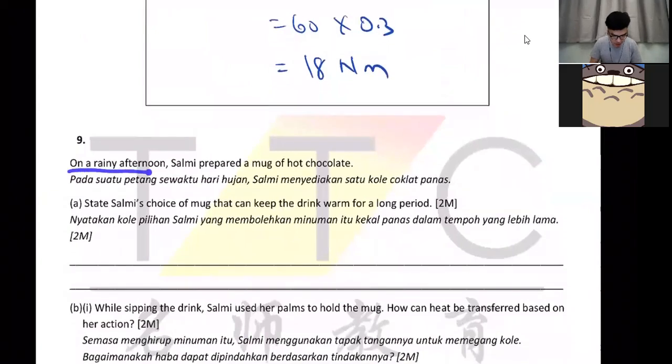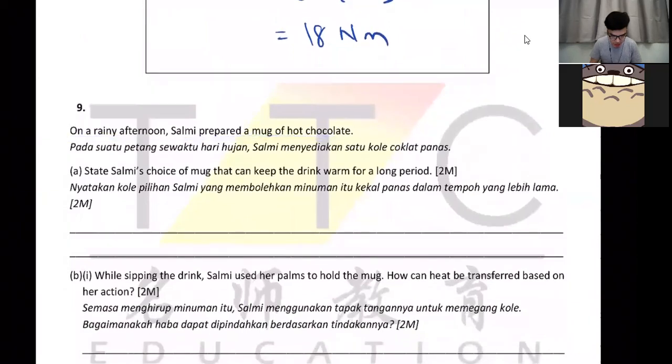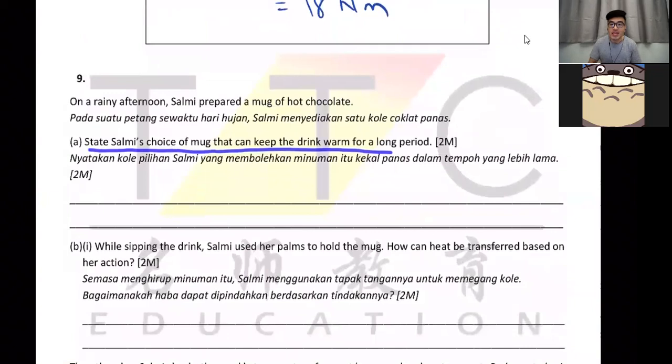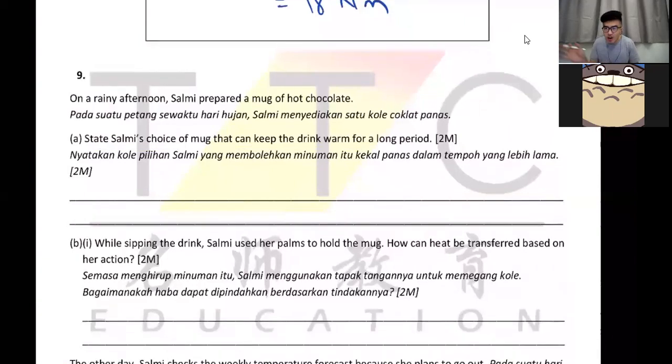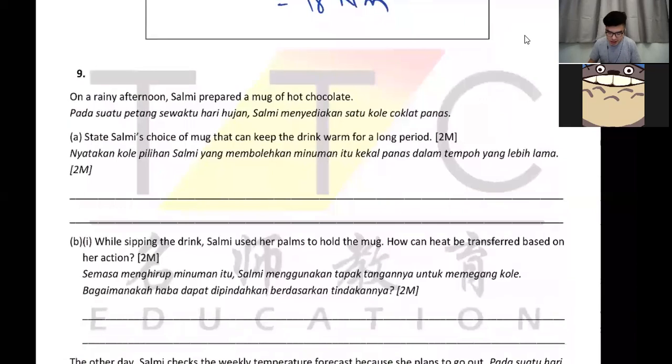On a rainy afternoon, Sami prepared a mug of hot chocolate. State Sami's choice of mug that can keep the drink warm. So how do you keep the drink warm? You need a poor heat radiator or a poor heat absorber. You need something poor that cannot carry heat. So you would use a white and shiny mug.